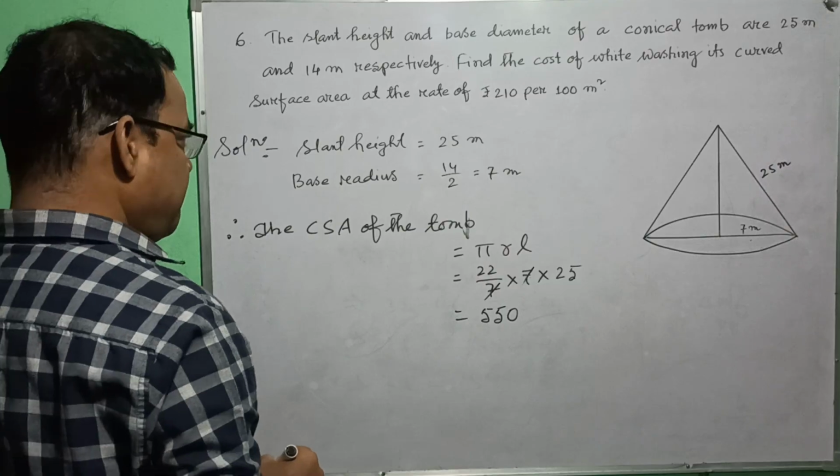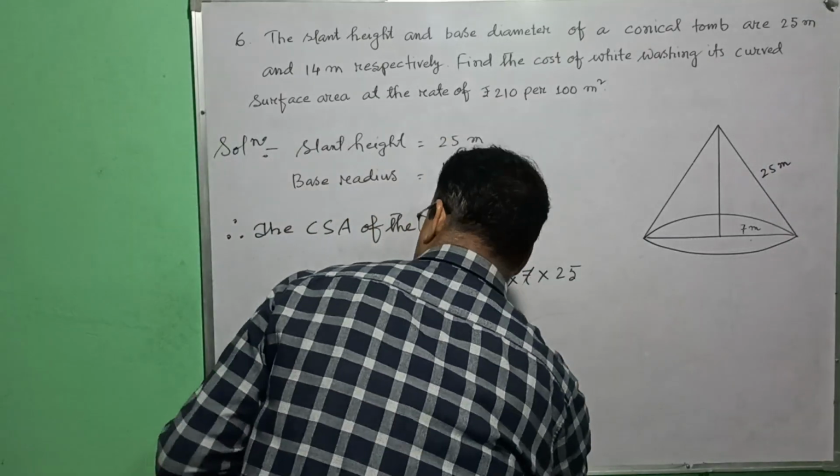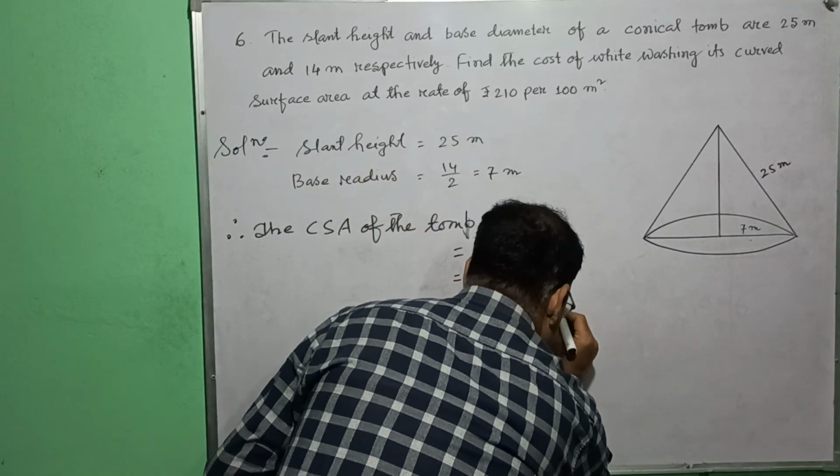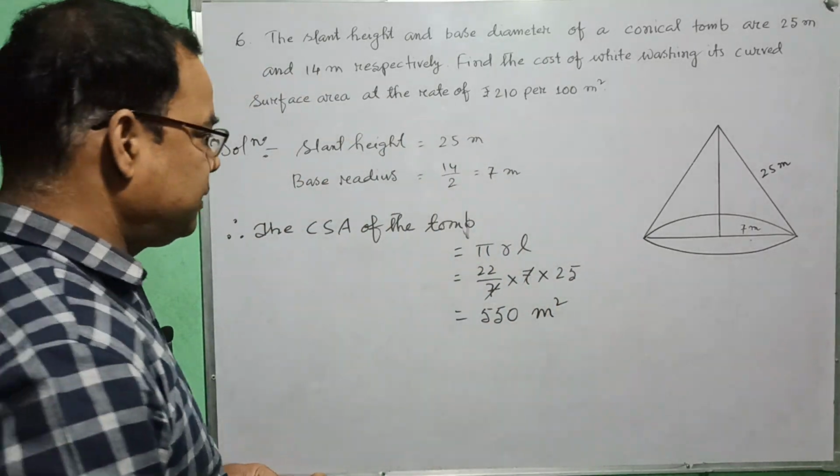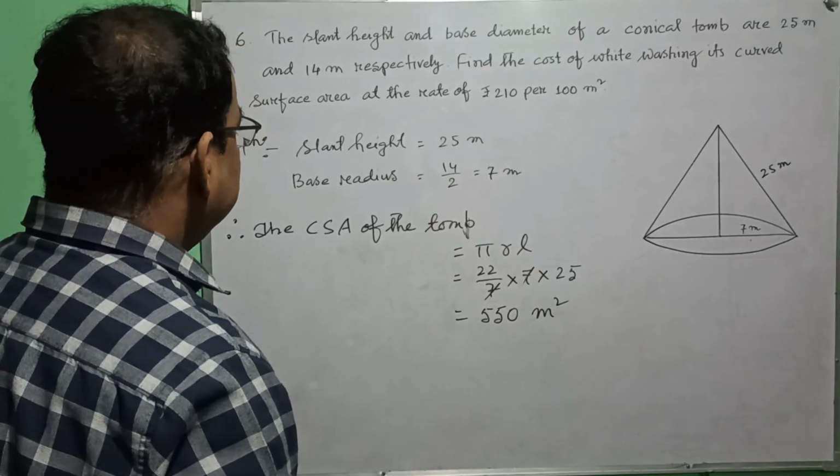So the unit is given in meter, so CSA will be in meter square. So this is the curved surface area of the conical tomb. Now we'll find the cost.